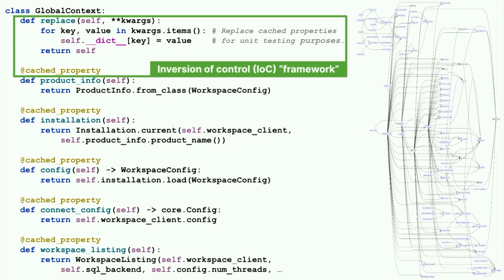In unit tests, for example, we replace the SQL backend that's at the top of that web. So unit tests work with smaller versions of objects that don't even talk to the real backends. And this refactoring to cache properties helped us make our code base very robust.